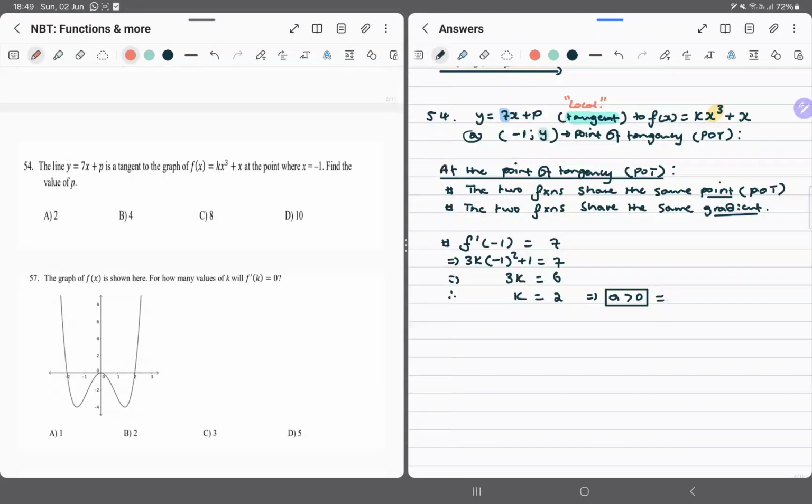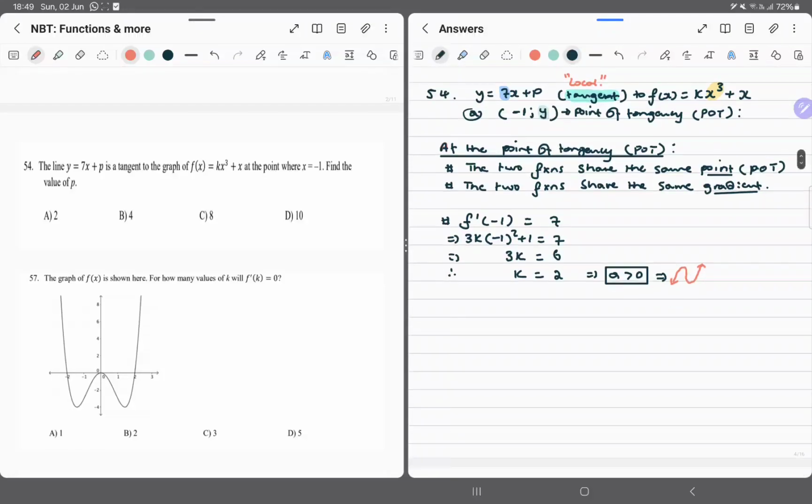Now, if a is greater than 0, it already tells us that the shape of our graph is of this nature. It's effectively an increasing function, but with just those local limitations there. Okay, so this is the idea we get, guys.